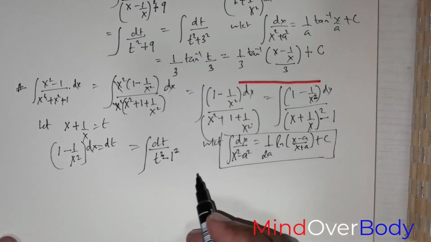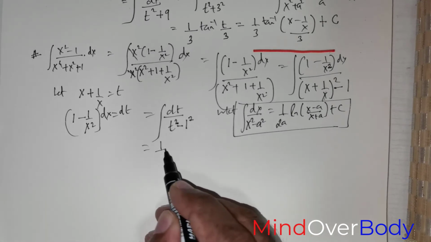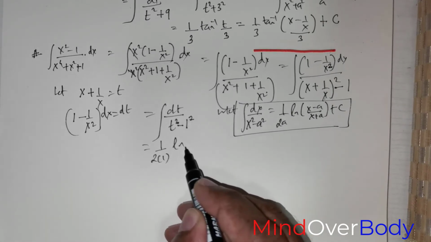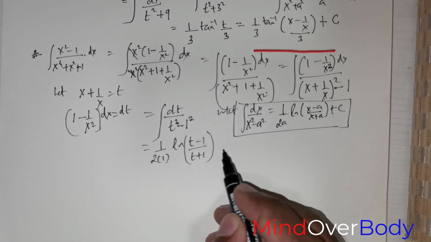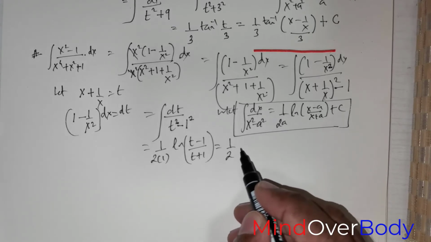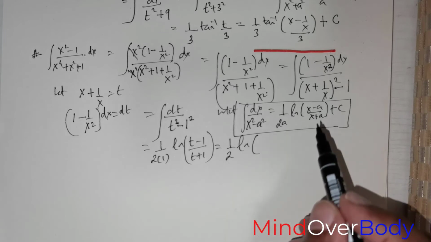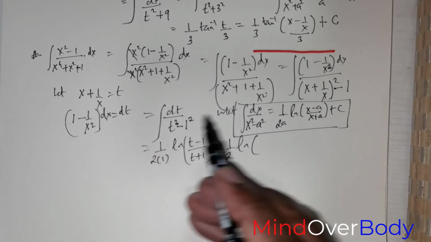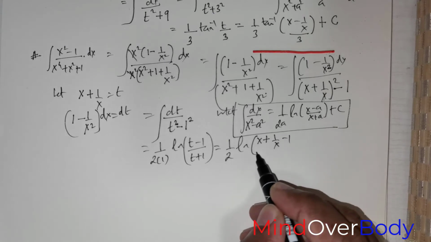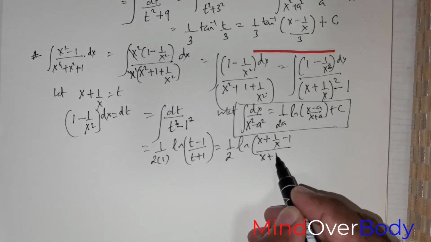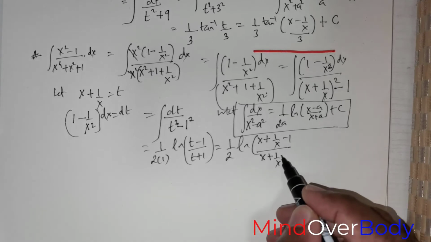Now using this formula, this is equal to 1 over 2 times a times ln of t minus 1 over t plus 1. But this is equal to 1 over 2 ln of my t. My t is x plus 1 over x. So substitute that, x plus 1 over x minus 1 divided by x plus 1 over x plus 1.